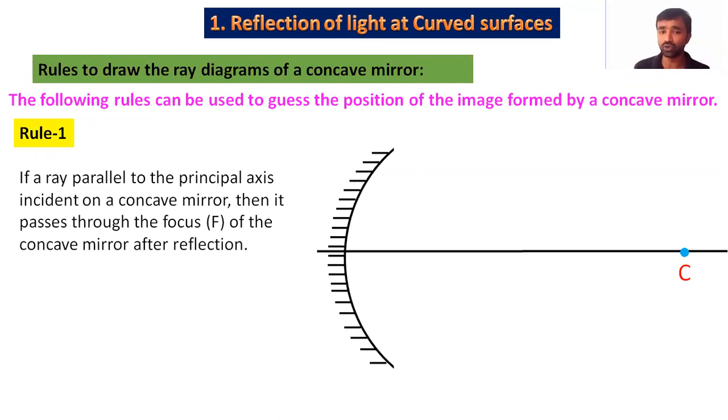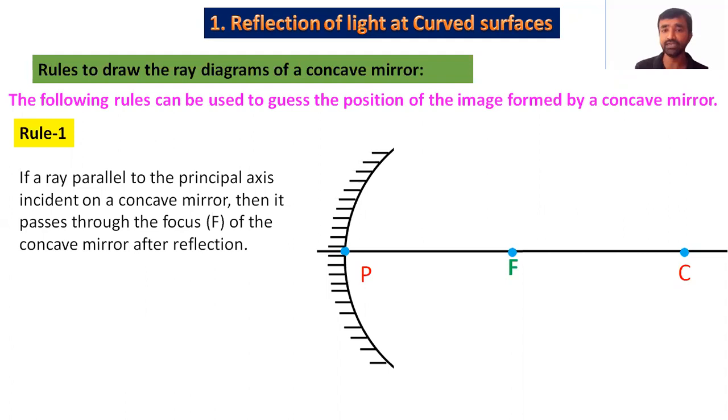Then identify its pole and name that point P. Then select a ray which is parallel to the principal axis and incident on the concave mirror. Put your scale after identifying the focus. The focus is in the middle between the pole and the center of curvature, 6 centimeters on each side.